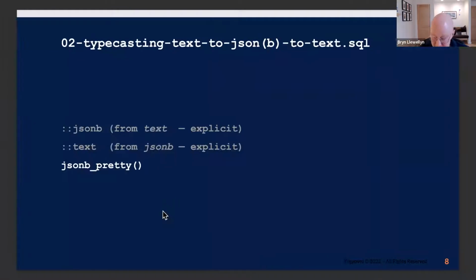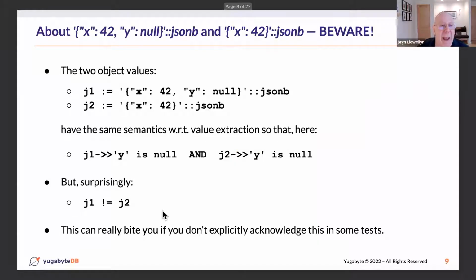Now I'm going to make a very subtle point, but just so you know it's there. You can use this null thing for a particular key, or you can just fail to mention it. And with respect to the semantics of extracting, this, which is the way you get to that value, and this, which is where you get to it even when it's not even there, they produce the same answer.